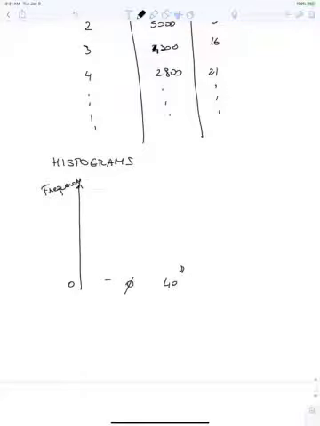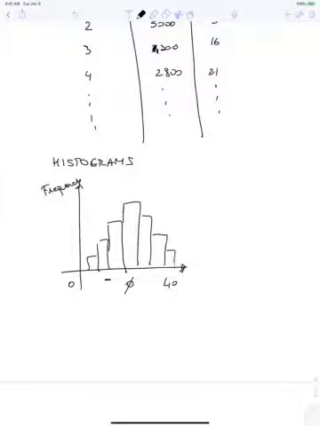This was terrible. Okay, this is slightly better. So this quantity here, this is the bin size.